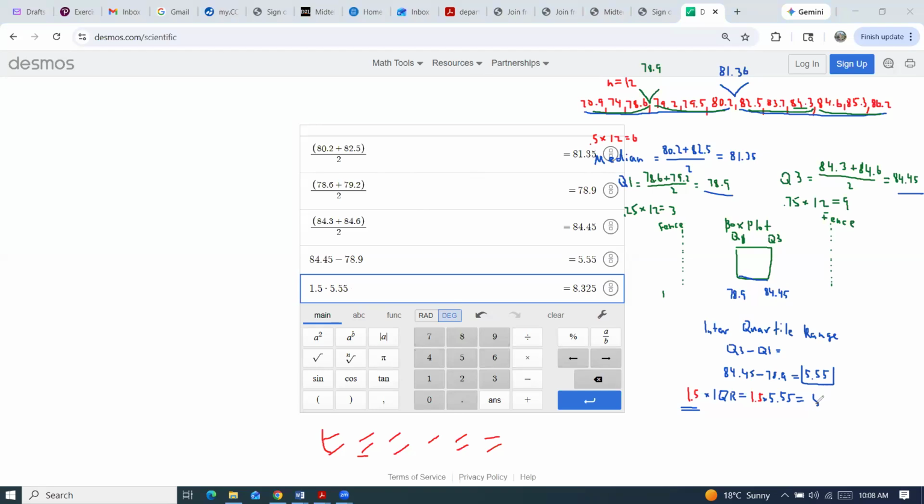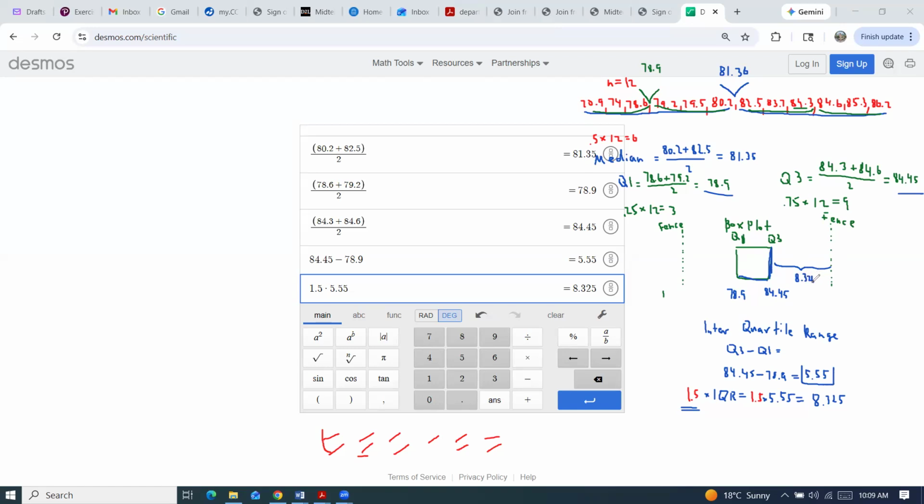This is going to be a big number for us in this particular exercise, because now I need to add this 8.325 to my right end, to my quartile. So if I moved by that 8.325 to the right, I will be able to get the fence, my right fence.